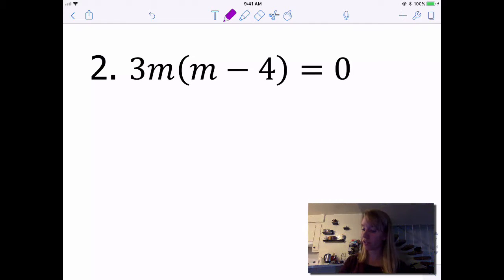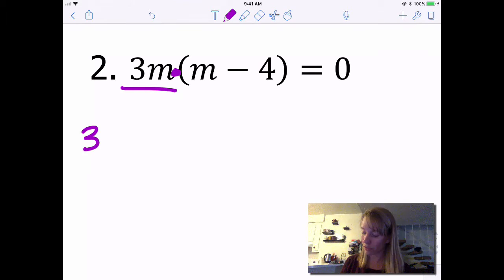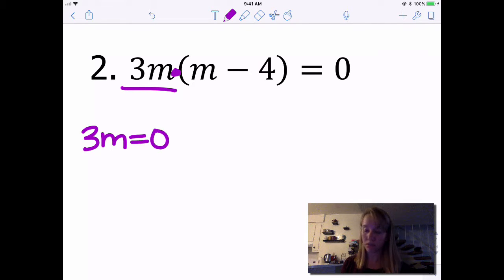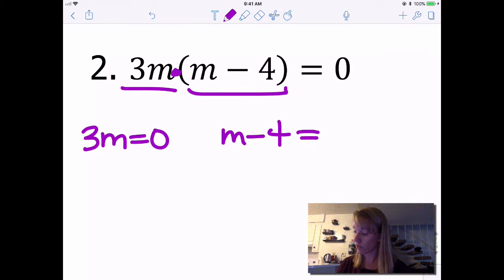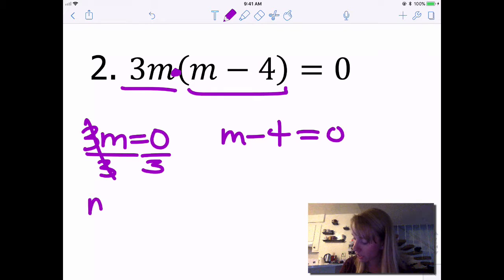If I have one factor times another equals 0, what I know is either 3m is equal to 0 or m minus 4 is equal to 0. Let's solve those two equations. 3m equals 0. We already said that the only thing that m could be is 0. But if you want to double check yourself, divide by 3 on both sides, and m is 0 divided by 3.